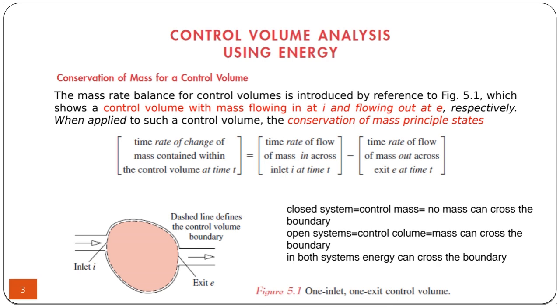at the other side. So the net change within the boundary can be obtained from the difference between the incoming and exiting flows. So the difference between the two mass flows in and out of the system is going to be the net change within the system.